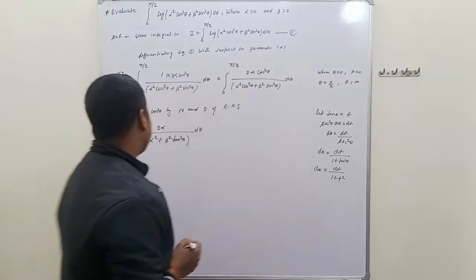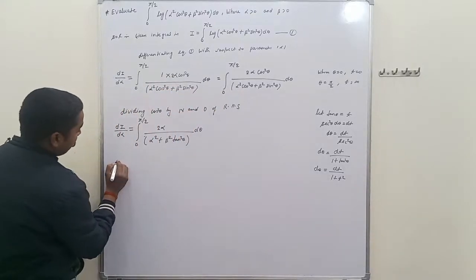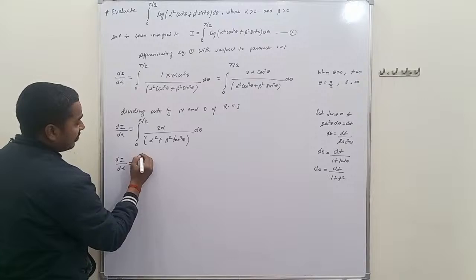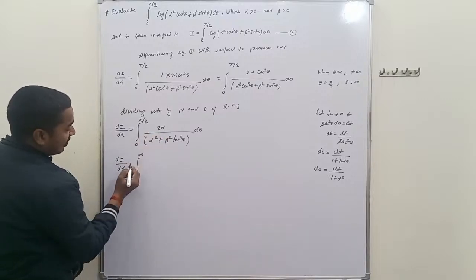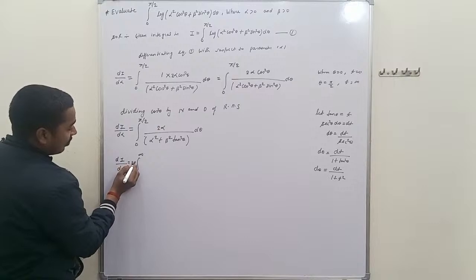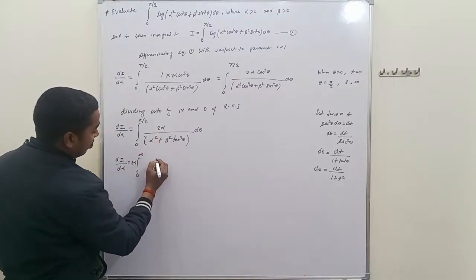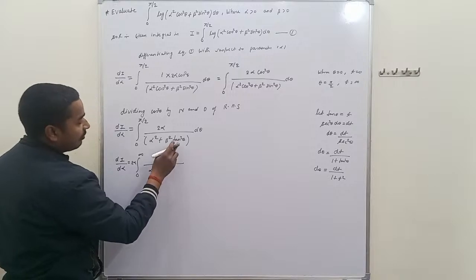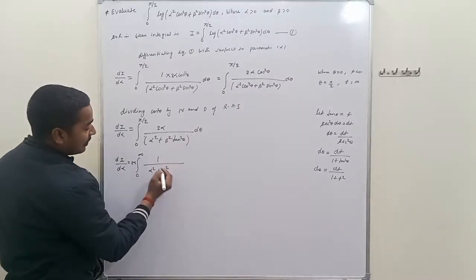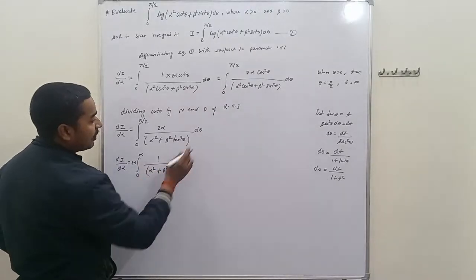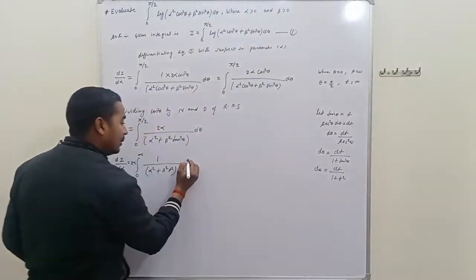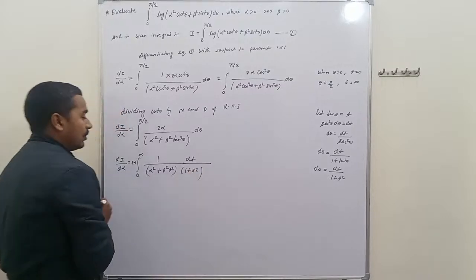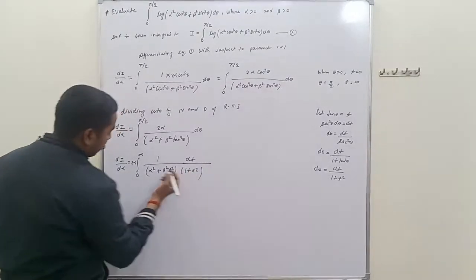The value of tan at pi by 2 is infinity, so here dI upon d alpha is equal to the integral from 0 to infinity, and 2 alpha is taken outside, that is 2 alpha, and the remaining is 1 upon alpha square plus beta square, and we let tan theta is equal to t, that is tan square theta is t square, and putting the value of d theta, that is d theta is given by dt upon 1 plus t square.